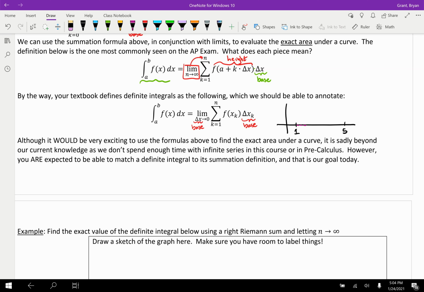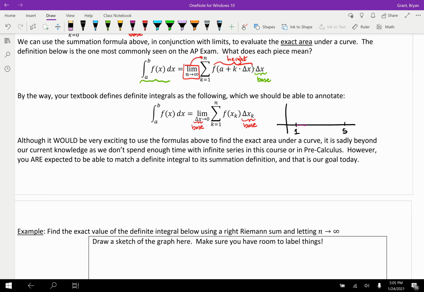If you had tons of time in pre-calculus, they would take you through how to find sums of series using different formulas, and it's very cool, very exciting, but we haven't done that, at least in our school. So maybe other schools have, and if you have, that's great. I'll show you where you can look in your book if you want to learn how to do it, but it's actually not expected on the AP exam that you ever use this to find the area under the curve.